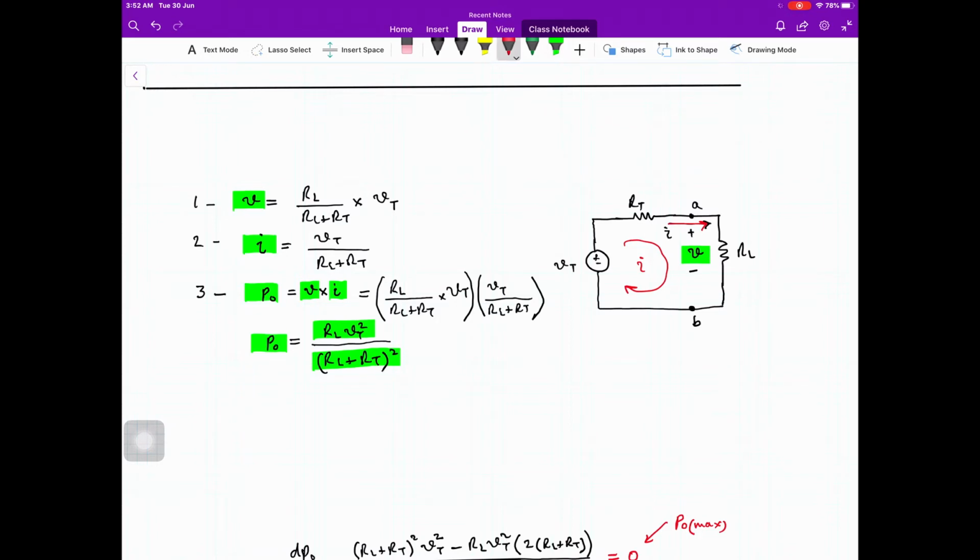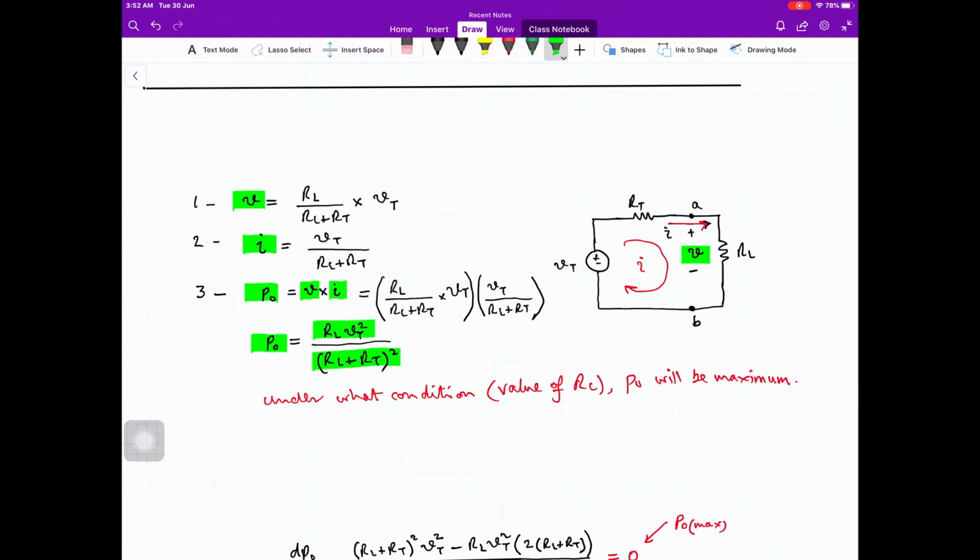Now we would like to see under what condition, meaning at what value of RL, the output power will be maximum.